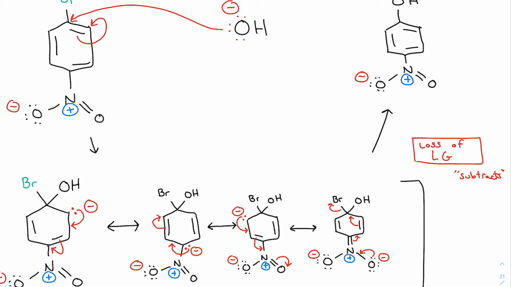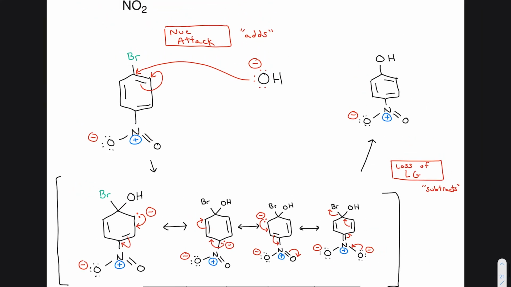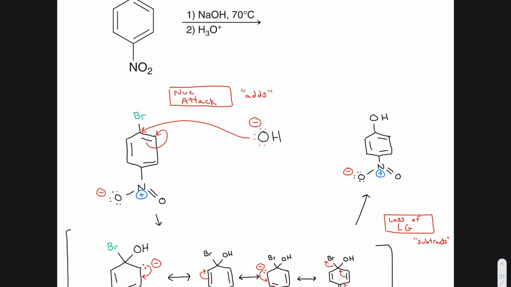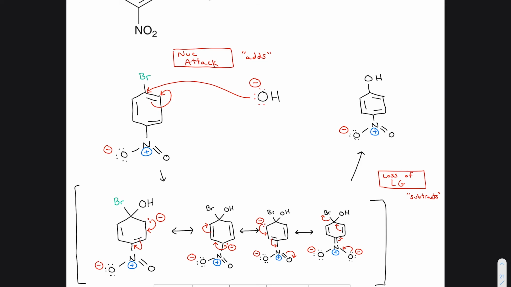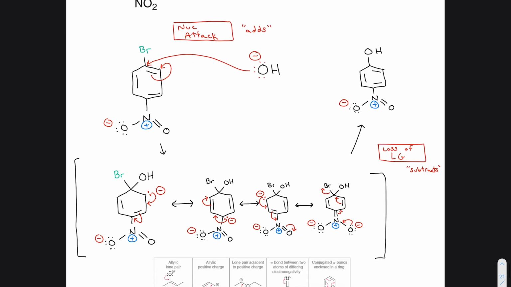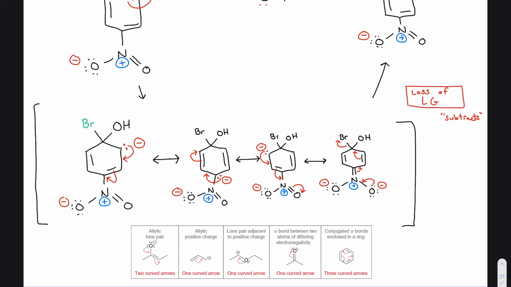In this case, that was an OH. So, as far as curved arrow patterns go, the storytelling is just nucleophilic attack, loss of a leaving group, like any substitution reaction. The reason why this is a little more complicated is because of the resonance structures.